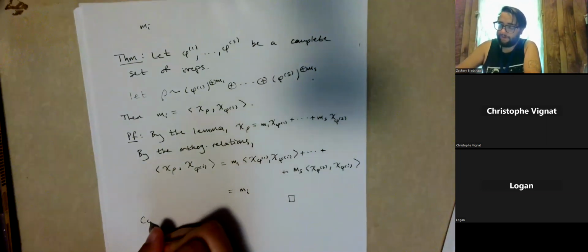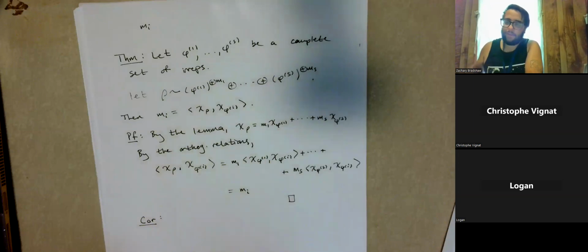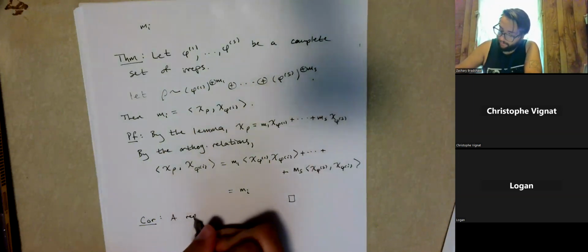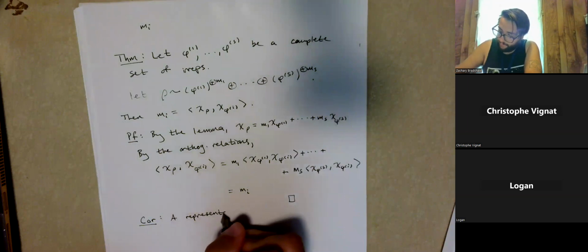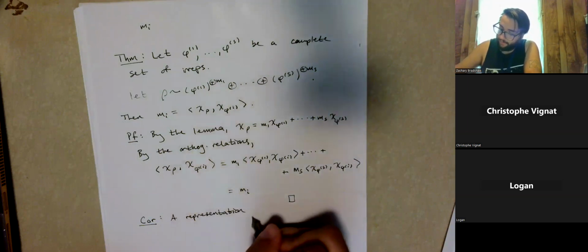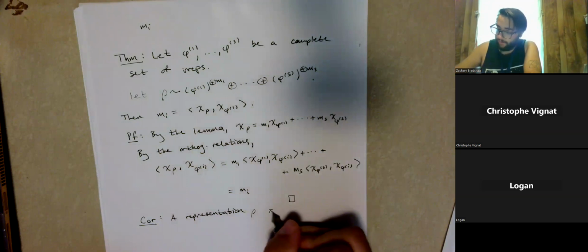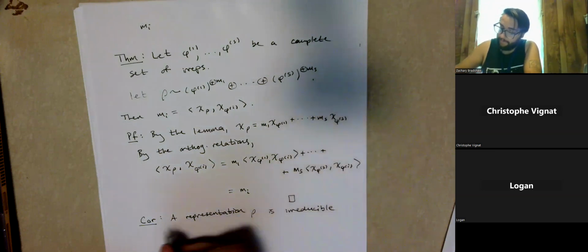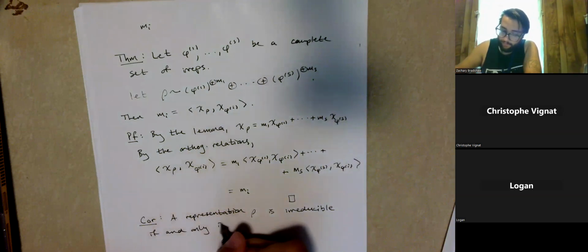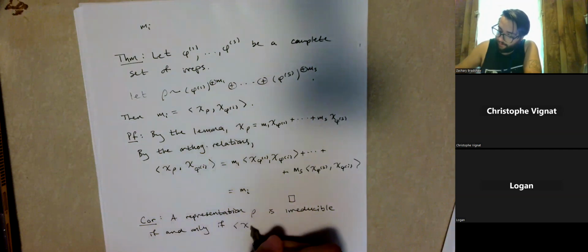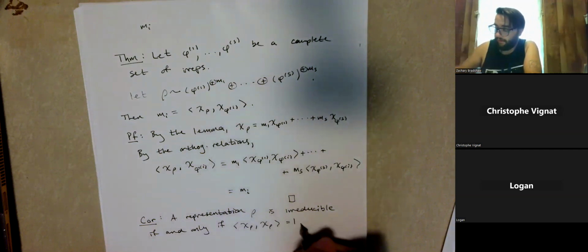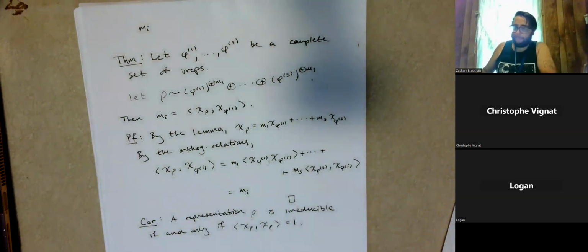If you ever have a representation and you want to know, is it irreducible? Representation rho is irreducible if and only if the inner product of its character with itself is equal to 1.